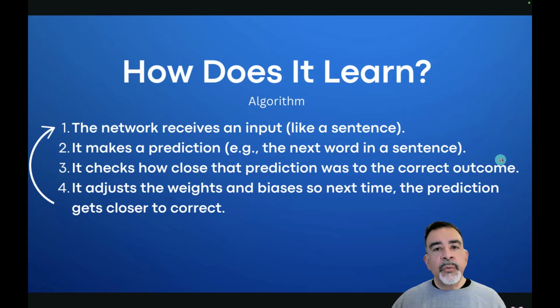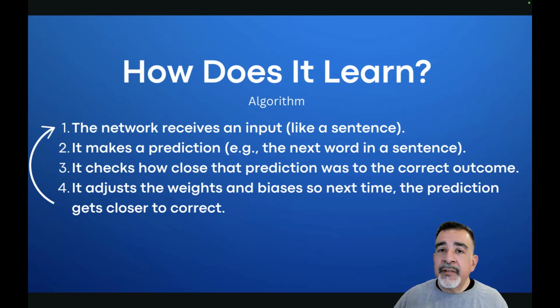And so let's go through how it learns. Let's break it down. Remember, an algorithm is a recipe, and here we have a recipe for helping a computer to learn. Number 1, it receives an input of some kind, like a sentence. Second, it makes a prediction. What would the next word in that sentence be? Third, it checks how close that prediction was to a correct outcome.